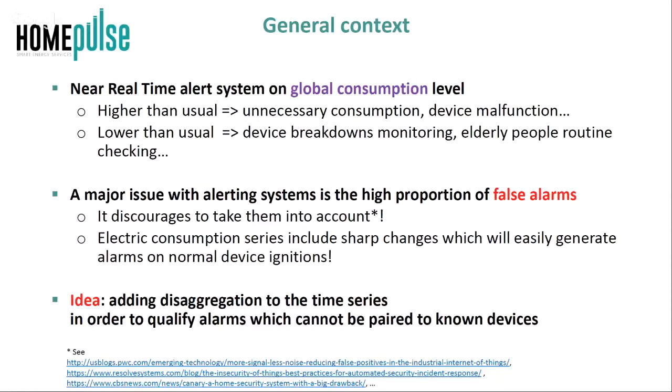That's a very big issue, because when you receive 4 or 5 false alarms, when you receive the next one, you don't even care about it. So the idea of this talk is that we can use the outputs of a disaggregation algorithm to try to find which alarms are probably false alarms and which are not.